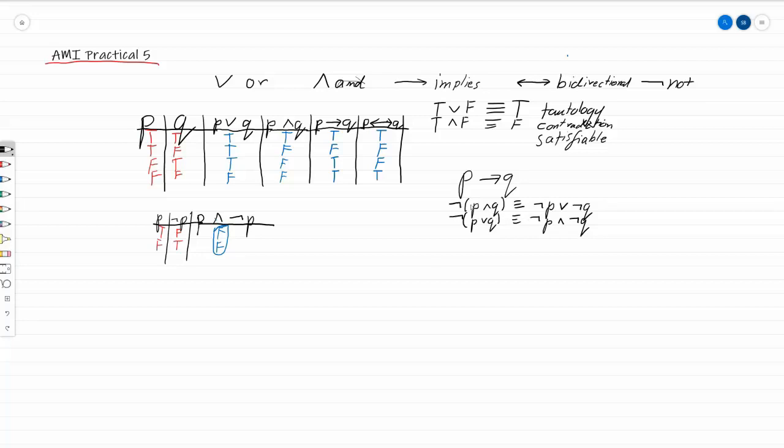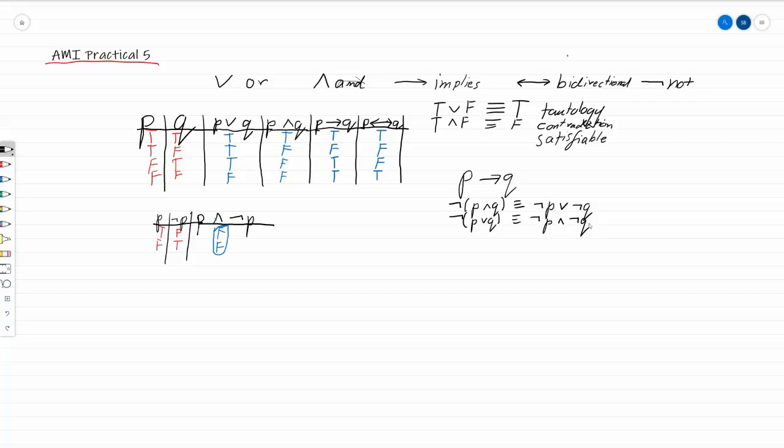You can kind of view it as this. Not (P and Q) means that either P or Q must be false. So not P or not Q is kind of saying, is Q false, is P false, and it must be one of them. Makes sense there. Not (P or Q) means that both P and Q must be false.